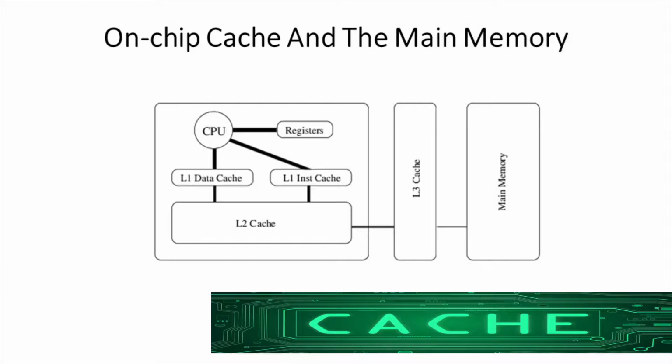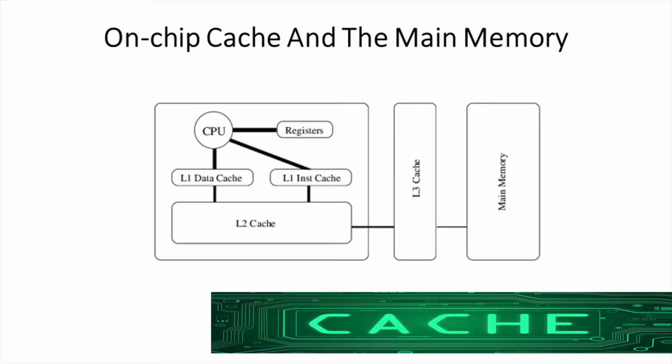In modern processors, the single level cache is now replaced with multi-level cache. So, we have a CPU and the main memory, and in between we have a multi-level cache with level 1, level 2 and level 3 cache.